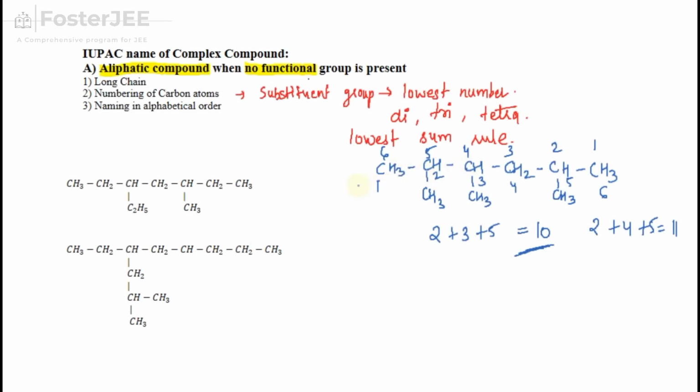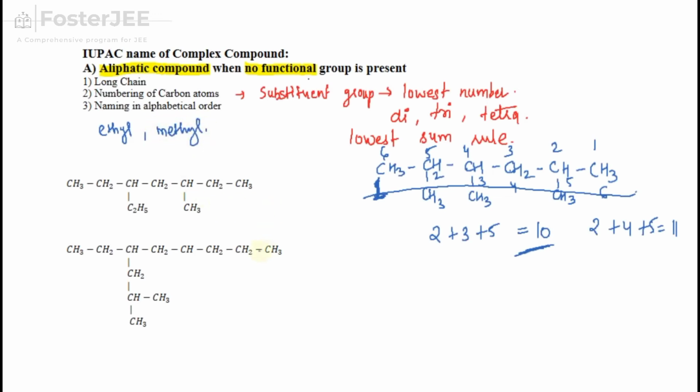So this particular chain is preferred and the numbering starts from this carbon. Now the third rule is naming in alphabetical order. So we will always name the compound in alphabetical order. For example, ethyl is substituted first before methyl.